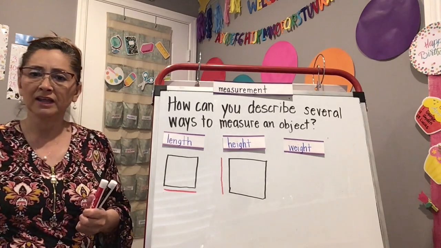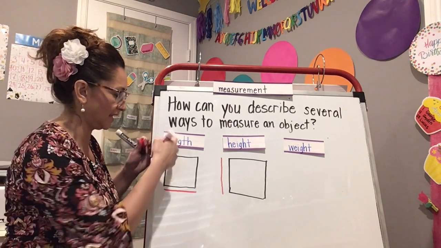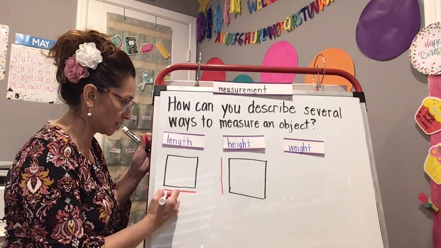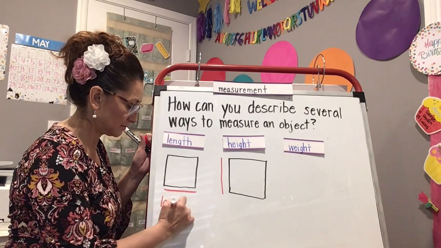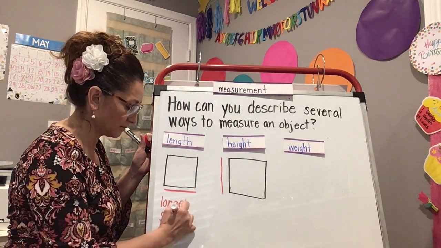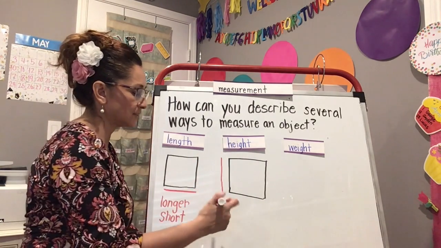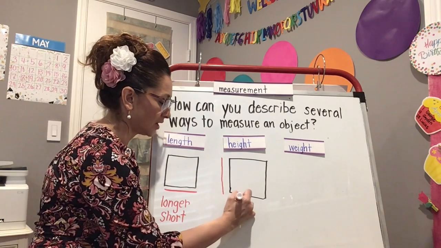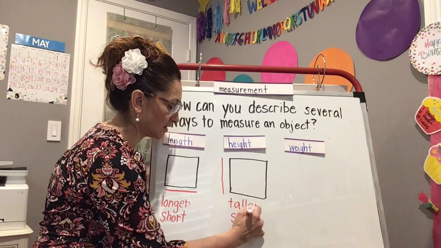Now remember, if we are talking about length, we are using the words longer or shorter, or how long something is, or how short something is. For height, we're using the words taller or shorter to compare the objects.